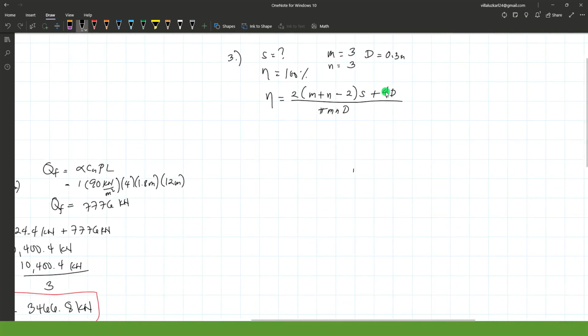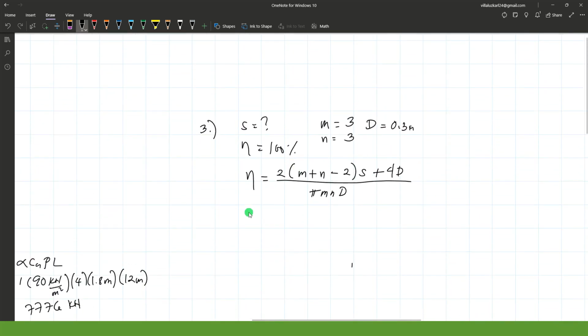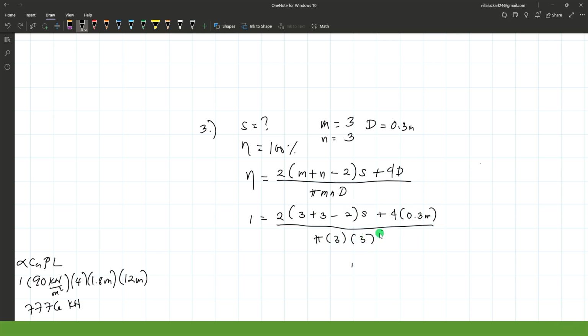And that's it. So let's solve now. For 100%, that will be 1 equals 2 multiplied by 3 plus 3 minus 2, the variable s, plus 4 times d, 0.3 meters, all over pi times 3 multiplied by 0.3 meters.